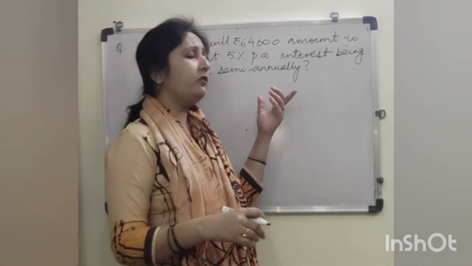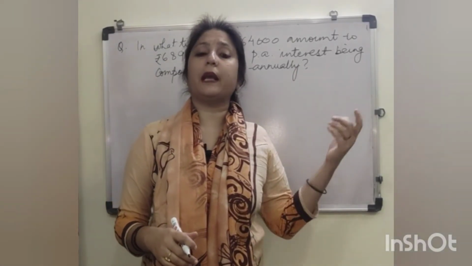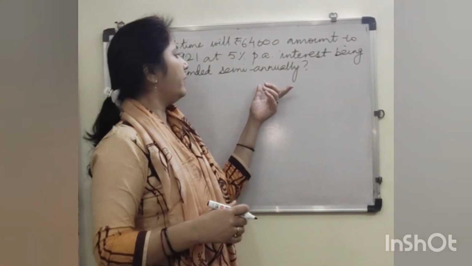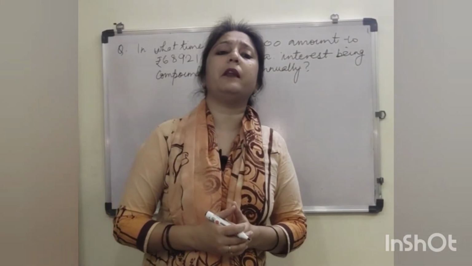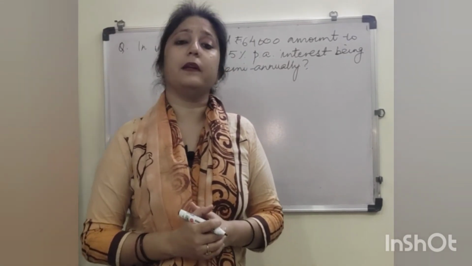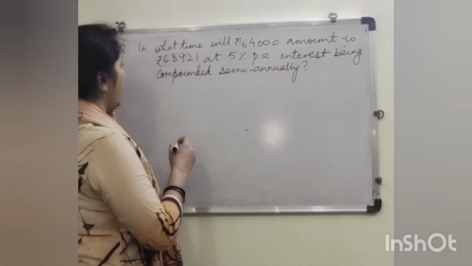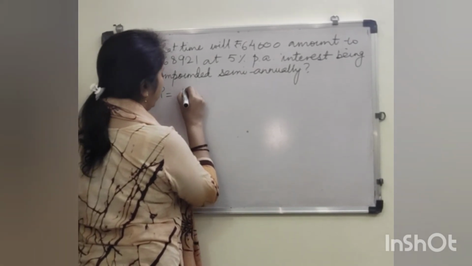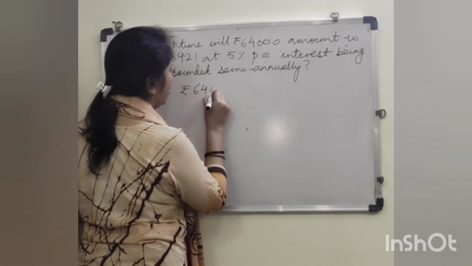Now I have taken, children, another question for calculating time, where interest is compounded semi-annually, that means half yearly. So time we have to calculate. We are given principal as rupees 64,000.